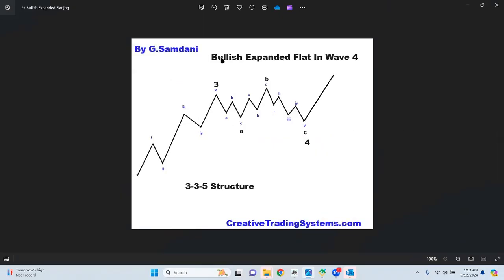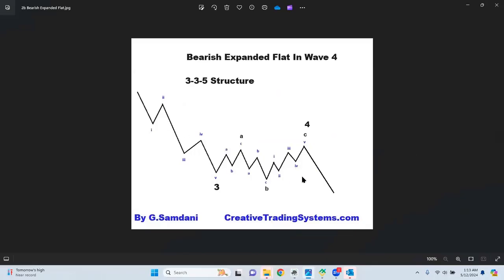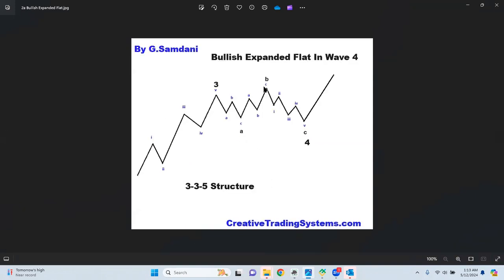Now this second one, remember the second video, the bullish expanded flat, and this is how it is. This is a bullish one, and the bearish one is just the opposite, upside down, right? So wave 3, and the characteristic of this one is that wave B goes a little bit above wave 3 in a bullish one, and then wave C comes down a little bit below wave A. So like, expanding.